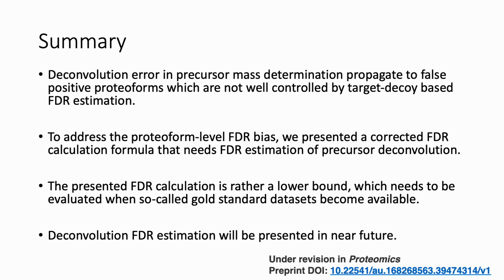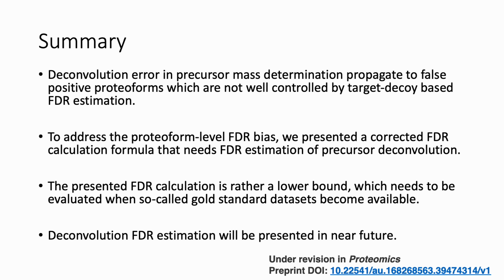So in summary, deconvolution error in precursor mass determination propagate to false positive proteoforms, and they are not controlled by target decoy-based FDR estimation. And to address the proteoform level FDR bias, we presented a corrected FDR calculation formula that needs FDR estimation of precursor deconvolution, or PFDR.